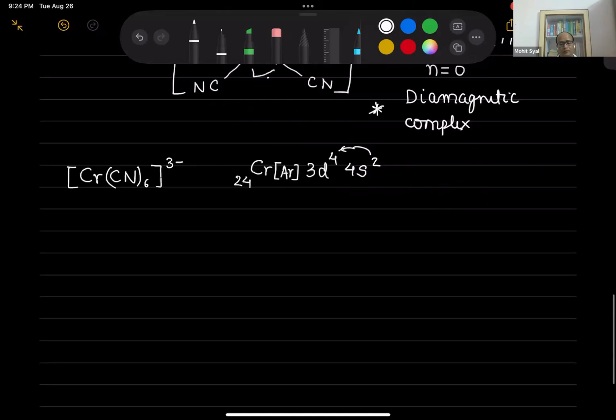So this is going to be argon 3d5, because there are 5 electrons, just 1 electron in each orbital is very stable, and 4s1. Now, this is for chromium.